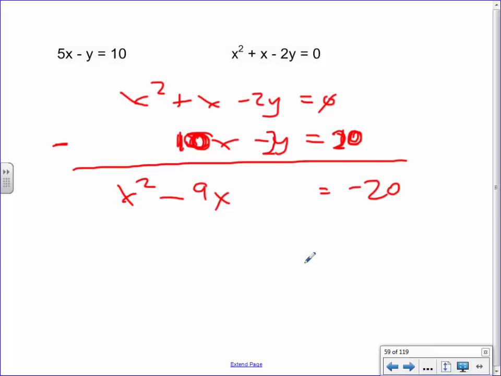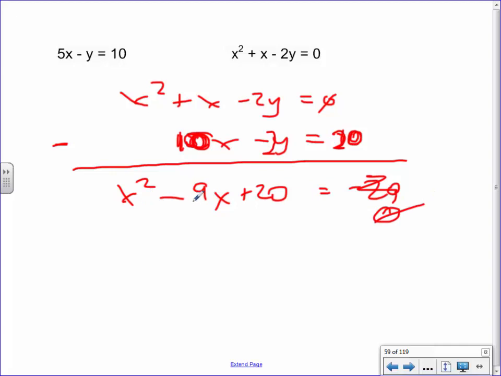So back to our questions we have to ask ourselves now. What kind of equation am I solving? Linear or quadratic? Quadratic. How do you solve a quadratic? Make it equal to 0, and then factor if you can. And this one is really easy to factor. Add the 20 over to the side right here. Now it's a 0 here, right?